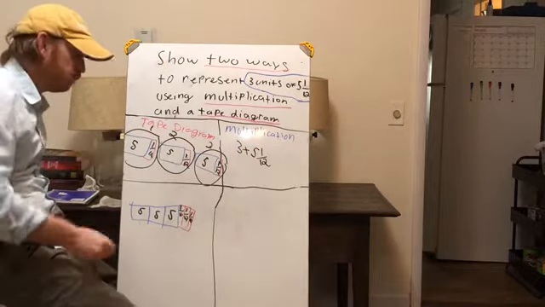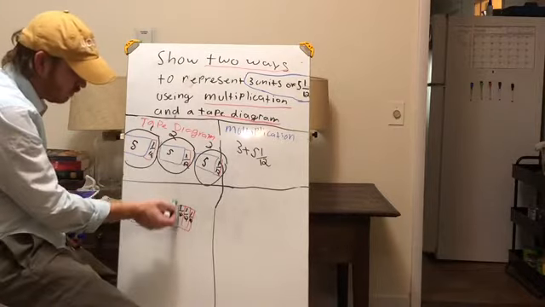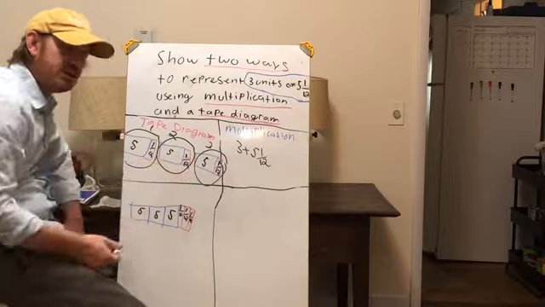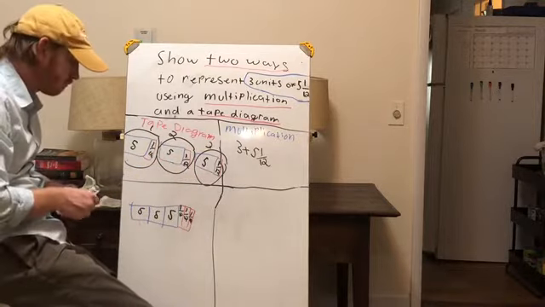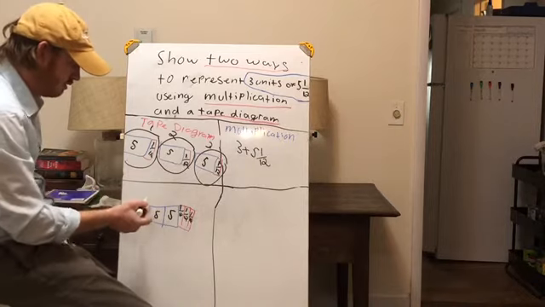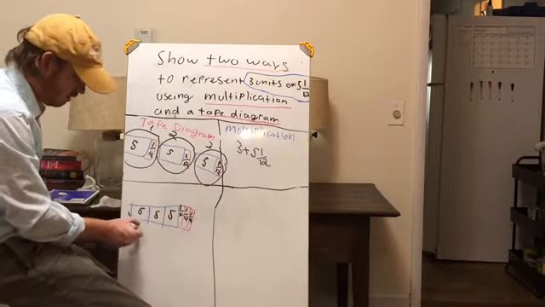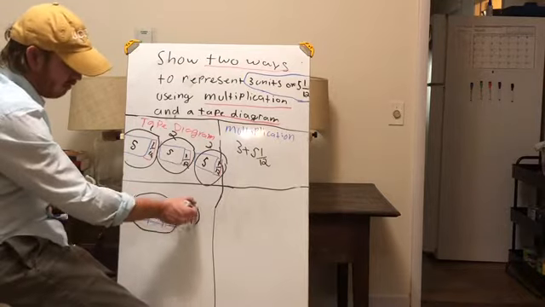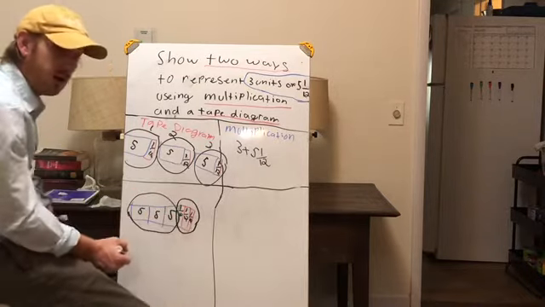But using the distributive property, like we did with our tape diagrams, we can represent our multiplication another way. Here we have 3 times 5, and then 3 times 1/12.